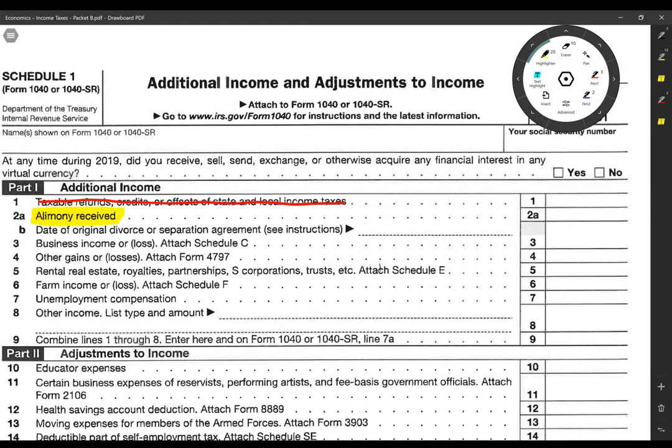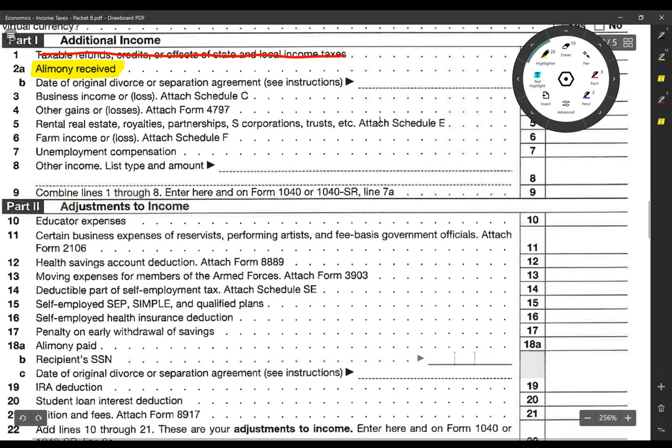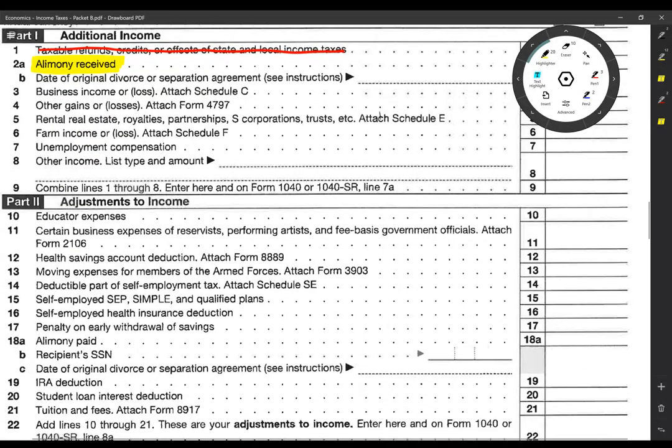I'm going to skip down to part two, adjustments. You see alimony paid. If you're spouse two, the person receiving alimony, it's going to add to your income up here. But if you're spouse one, the person paying alimony, the amount that you're paying is going to be subtracted from your income right here. So you're not going to pay taxes on it. Only the spouse that receives it is going to pay taxes on it.